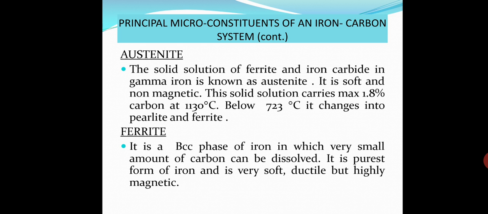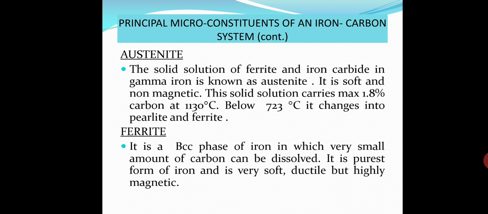So, first one is austenite. Austenite is the solid solution of ferrite and iron carbide. All are iron and carbon, but depending on the structure and the composition, they are of various micro constituents.